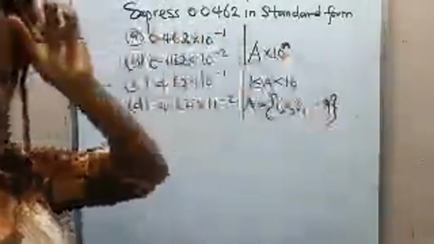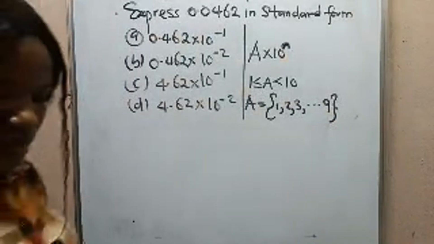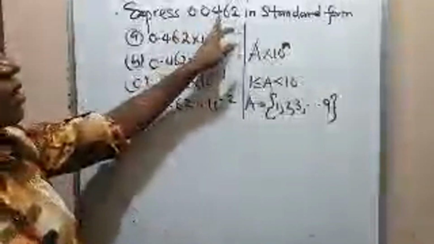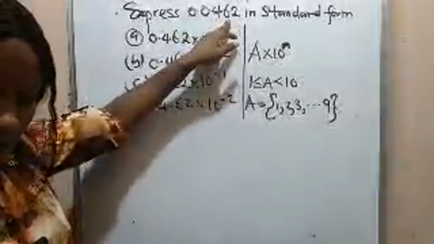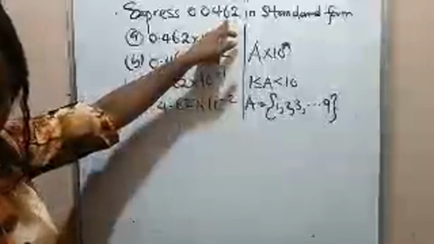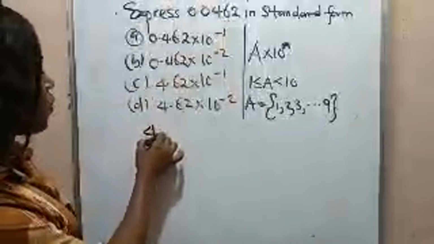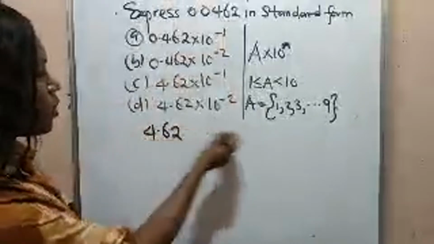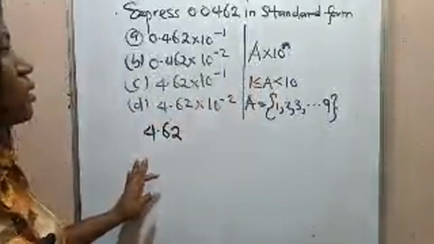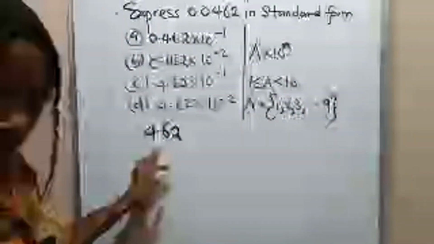So first things first, put your decimal point between the first and second non-zero digits. That is the first thing you need to do. So we are going to write this as 4.62, and that becomes our A. You can see that 4.62 is between 1 and 9.